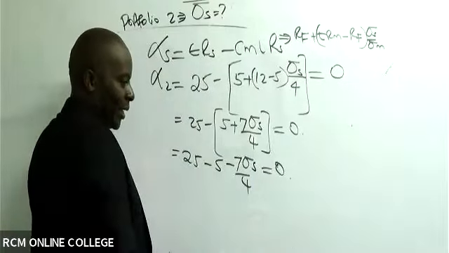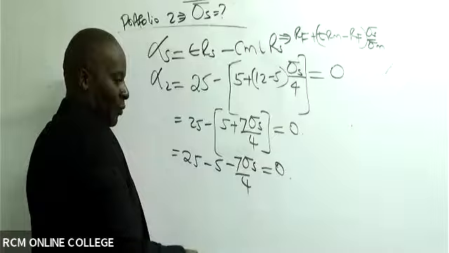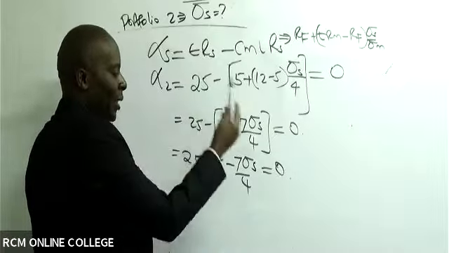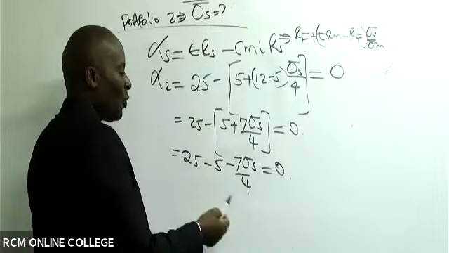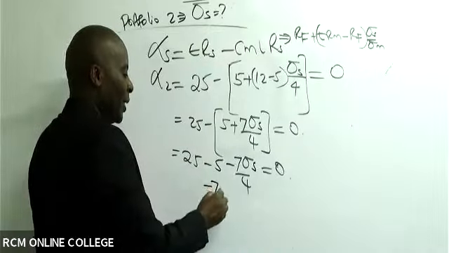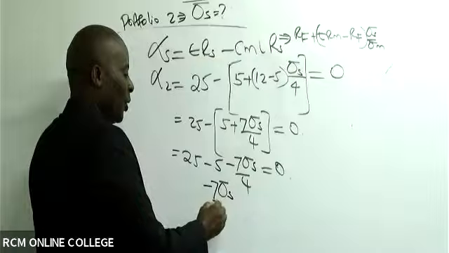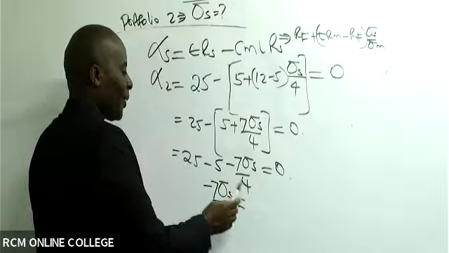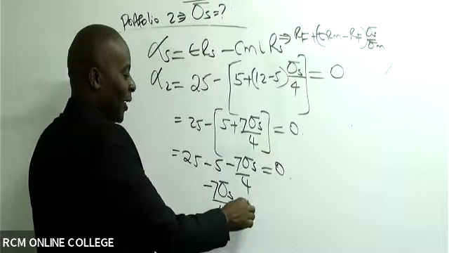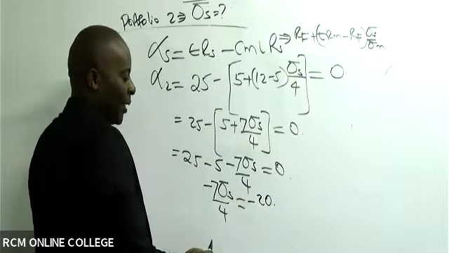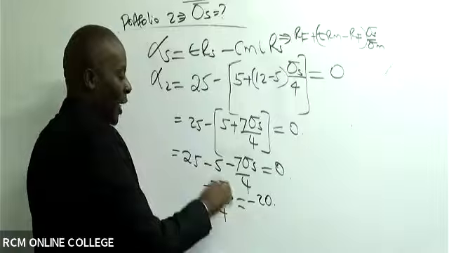Na kataruka pande ile nyingine, 20 hapa ni positive. Kakiruka pande ile nyingine, si lazima iwe negative. Because you can never cross over the Jordan and life remains the same. Ask Raila Odinga. 25 minus 5 is 20. Crossing over, it becomes negative 20, isn't it? So negative and negative will cancel out.